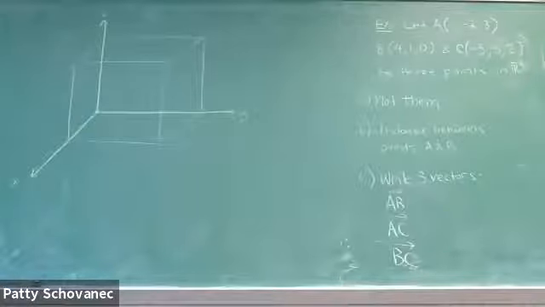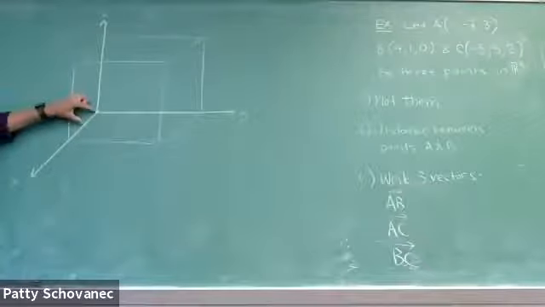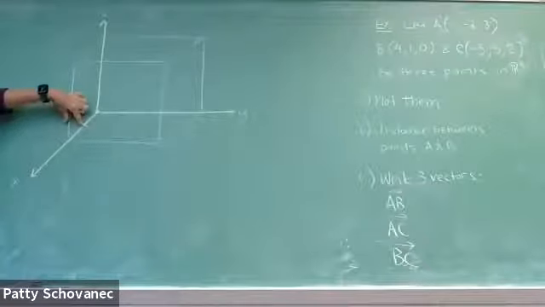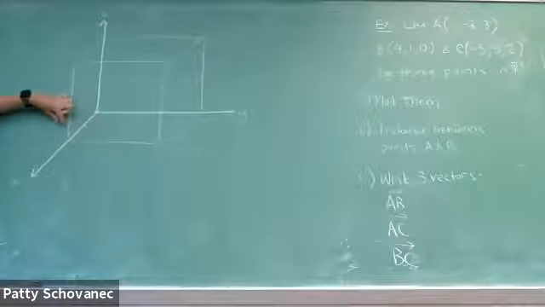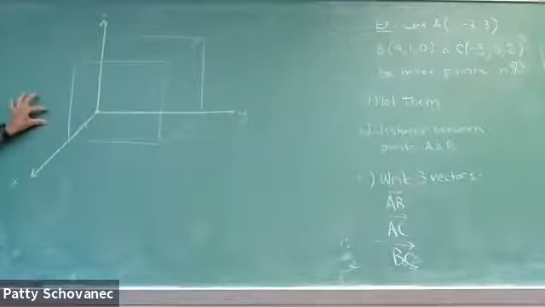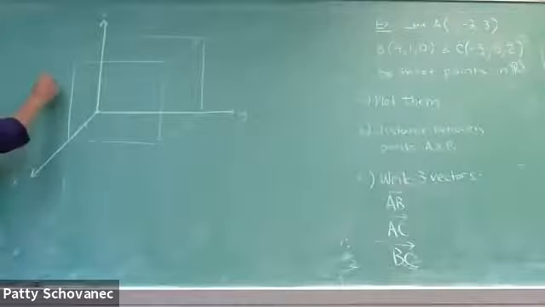Okay, plot them. So A is 1, -2, 3. So let's say that that's 1 unit. So I go out 1 unit there, and so from here, I go in the y direction, -2 units. So there's 1, 2, and now from here I go up 3. 1, 2, 3.